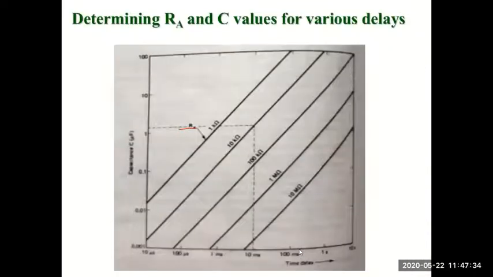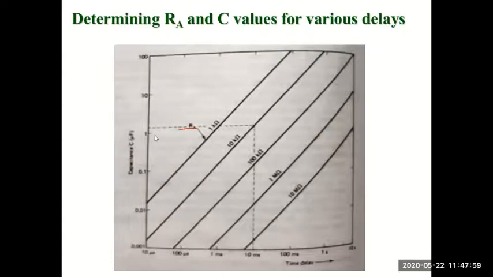And if we try to design a circuit with different capacitors and resistors, you see we have taken capacitors on the y-axis, the time delays on the x-axis, and resistance curves we have drawn. This is the line for 1 kilo ohm resistance, 10K, 100K, 1 meg, 10 meg. And you see the timing delays.